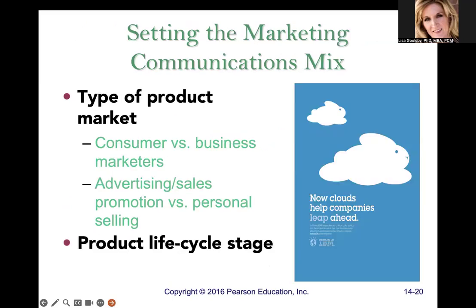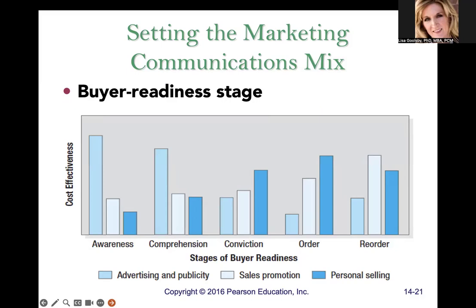So setting that communication mix depends on the type of product that you're looking to market, consumer markets versus business markets, and what stage you're in the product life cycle. Are you at introduction, growth, maturity, or decline? Depending on where you are in that product life cycle, you will choose different promotional strategies.